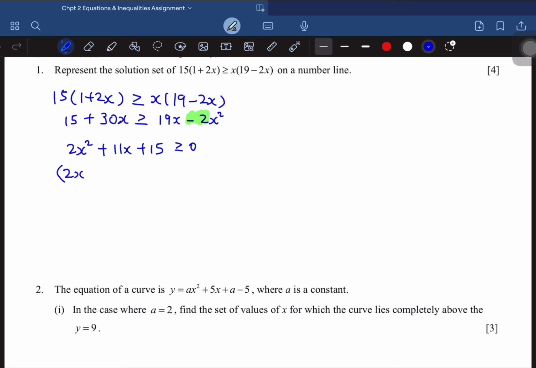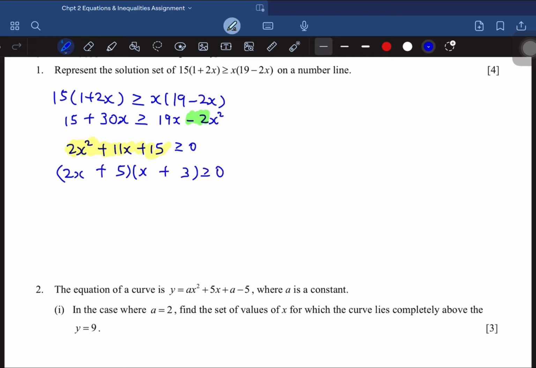Take note, when we factorize, make sure that the expression is always in the simplest form, or if you can reduce, we reduce by dividing both sides. This is not an expression, so it's okay to divide. So I have my 2x, x, 3, 5, is it 3 times 2, 6, 6 plus 5, 11. Okay, plus.